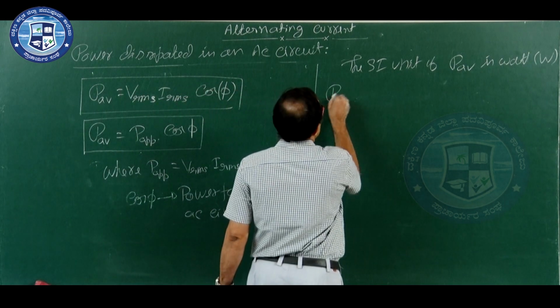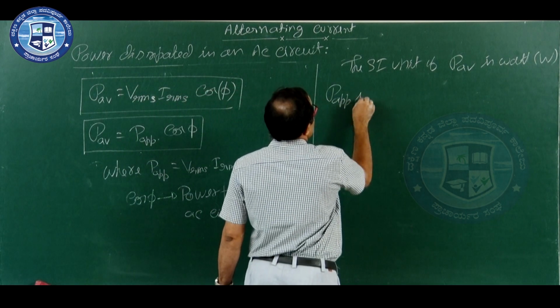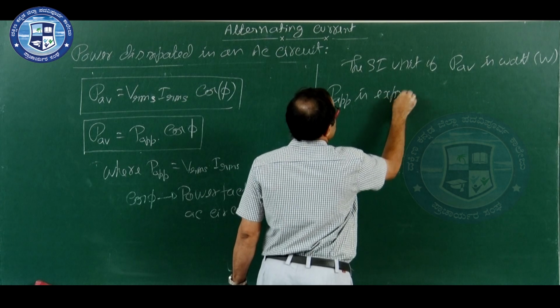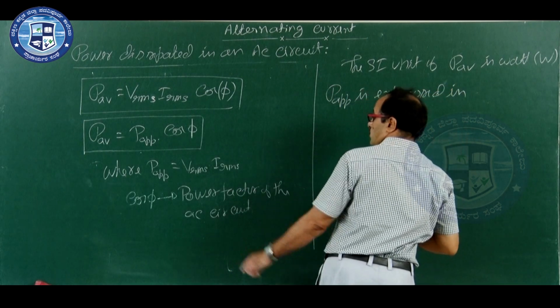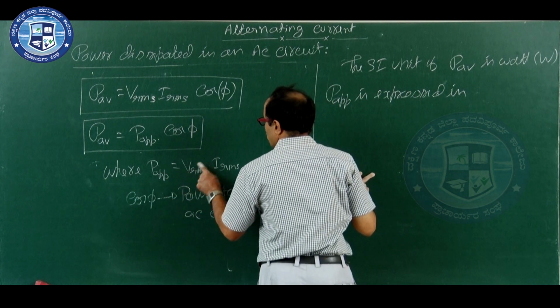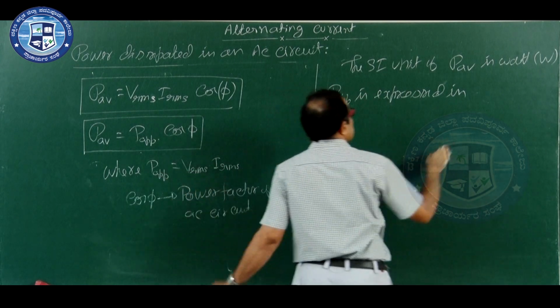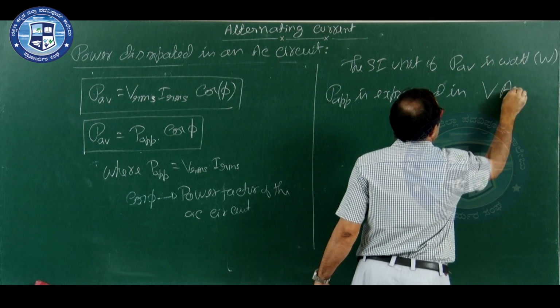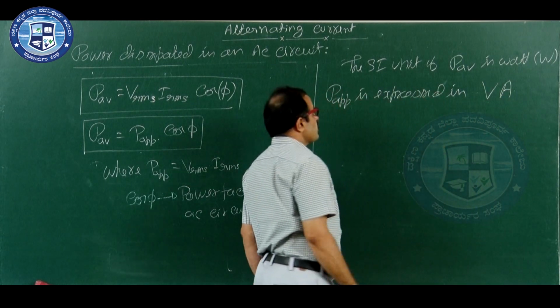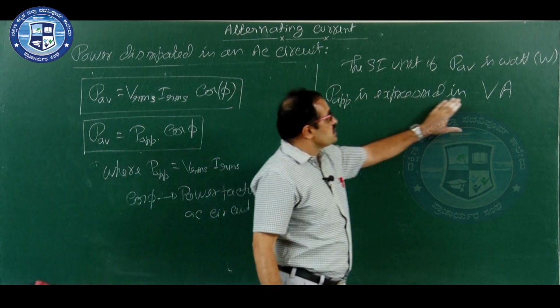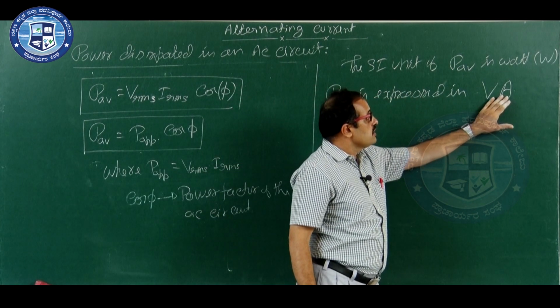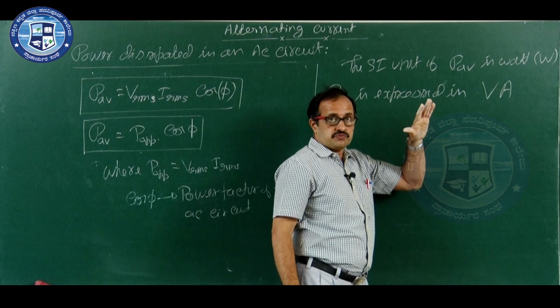So, P apparent is expressed not in watt. V RMS is in volt, I RMS is in ampere. Therefore, the SI unit of apparent power is volt ampere, it is not in watt.